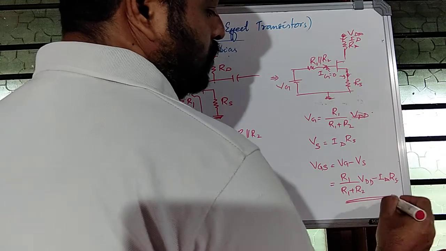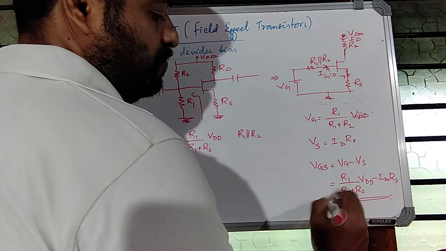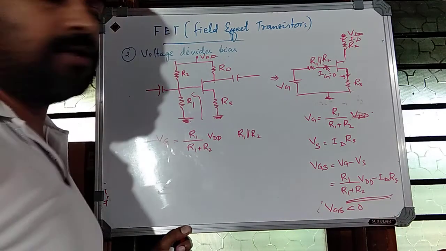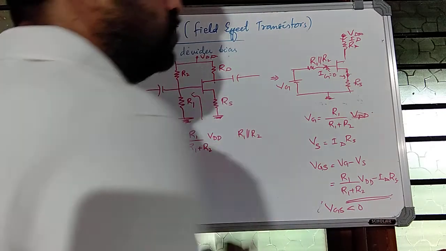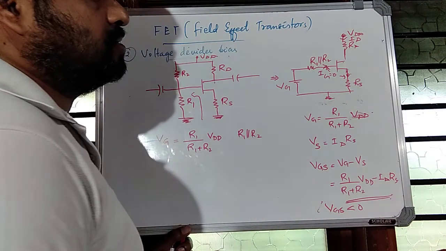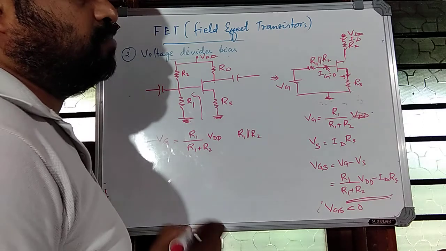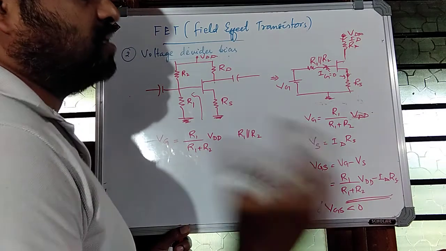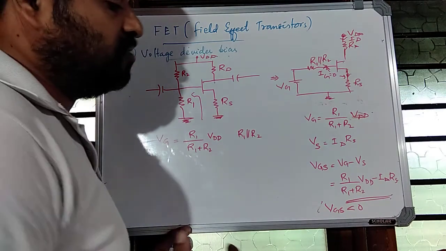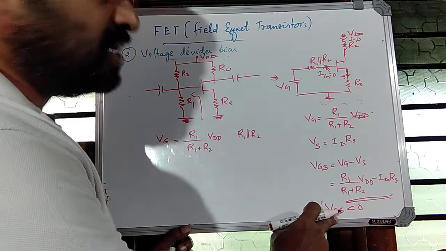So this difference must be less than 0. That is, VGS should be less than 0, so that the gate to source voltage reverse biases the gate, and the depletion region increases. So the PN junction will be in reverse condition when VGS is less than 0.